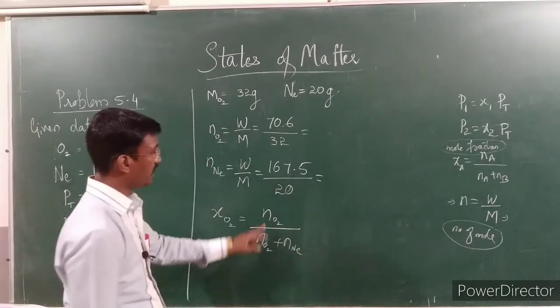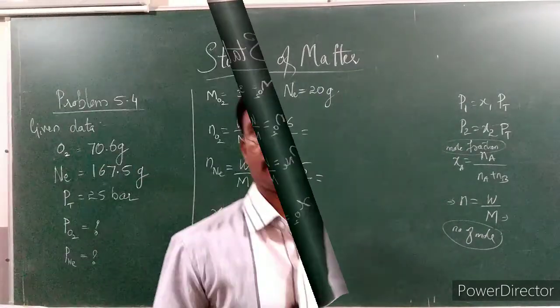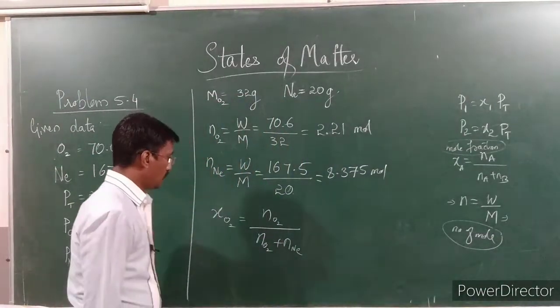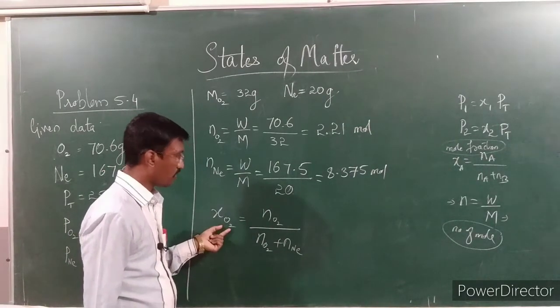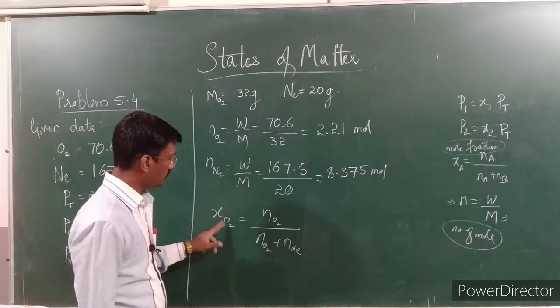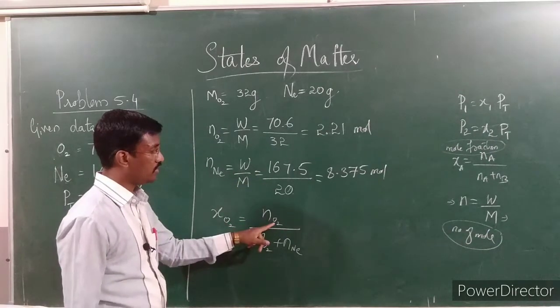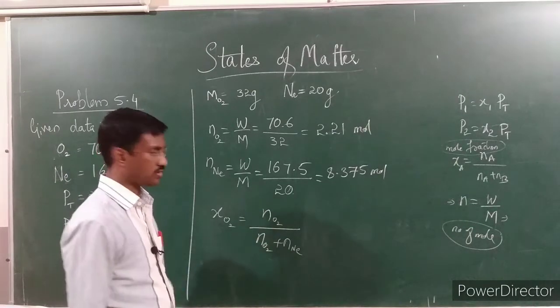We can write Na upon Na plus Nb also, no problem. Okay, look here. To calculate the mole fraction of oxygen, we have to write the number of moles of oxygen first, divided by the number of moles of oxygen plus the number of moles of neon.